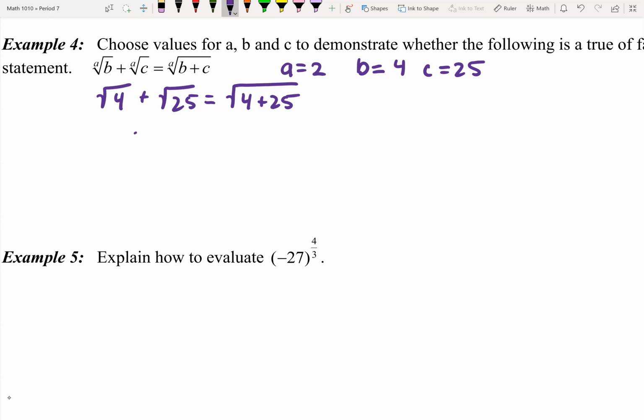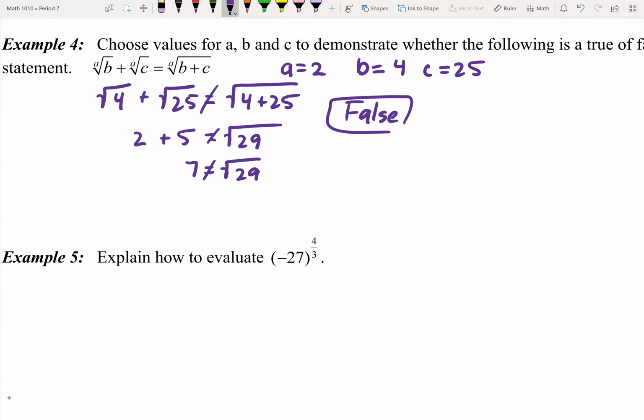The square root of 4 is a 2. The square root of 25 is a 5. And then 25 plus 4 is 29. 5 plus 2 is 7. Is the square root of 29 equal to 7? No. So we're going to say it's not equal to. Is it true or false? It is false. So I just chose values, and then I tried to see if it worked out.